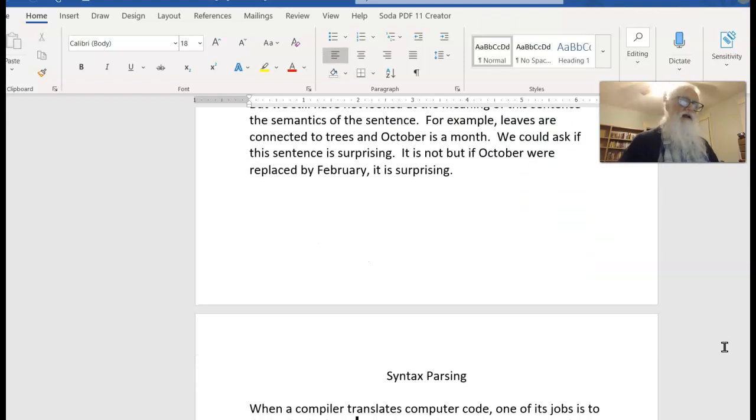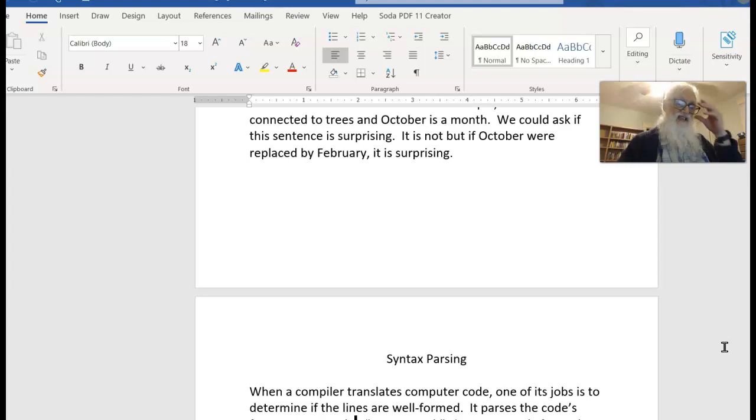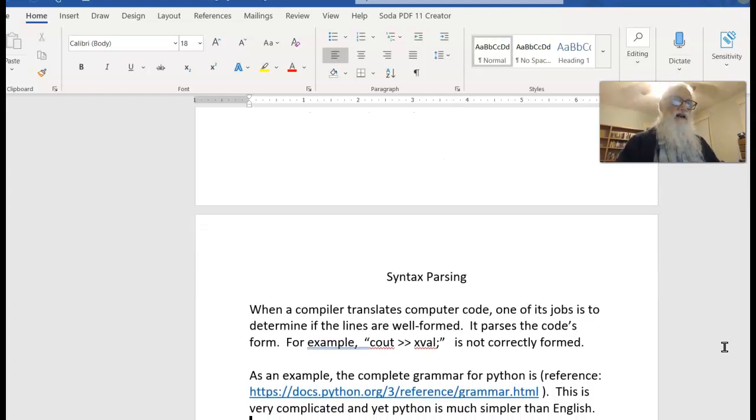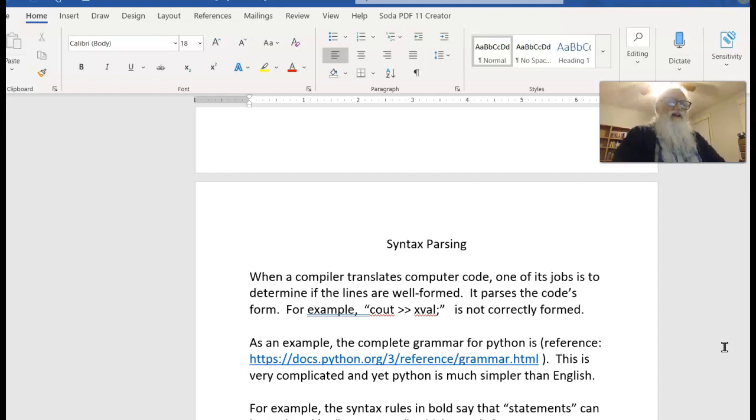Now, the first thing we're going to look at is syntax parsing. Parsing. We could have a course called compiler construction. It used to be a pretty standard course in many colleges. And it was how to build a program to translate programs.